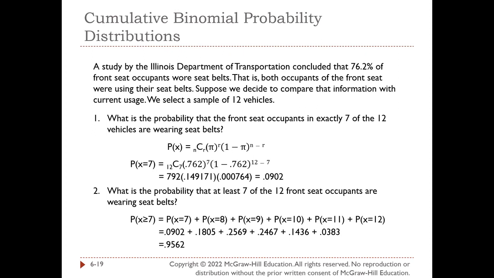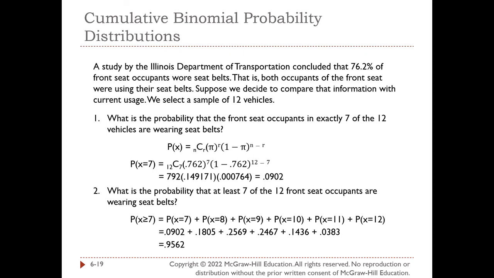Alright, so x is going to have to equal 7. So we have 12 combined with 7, and 12 is the number of vehicles we've studied in the sample. So the combination is 792, times 0.762 to the 7th power.